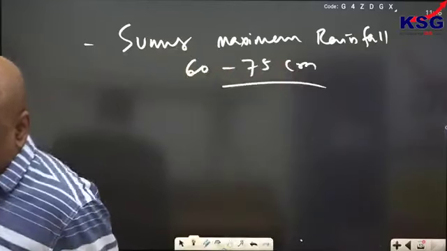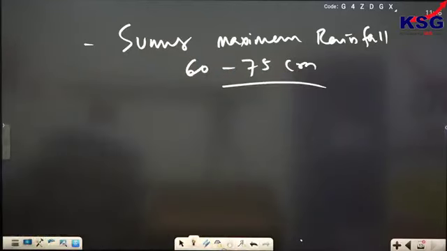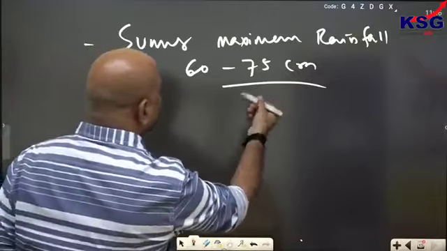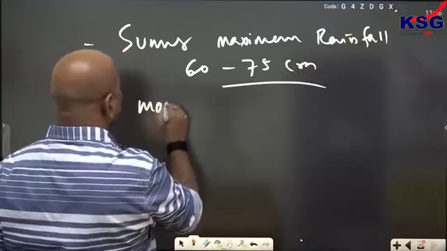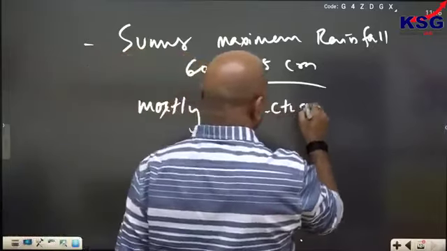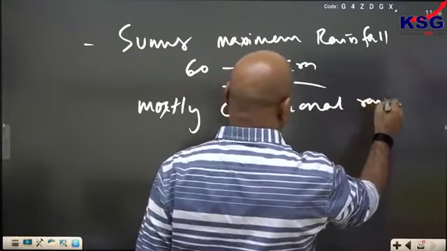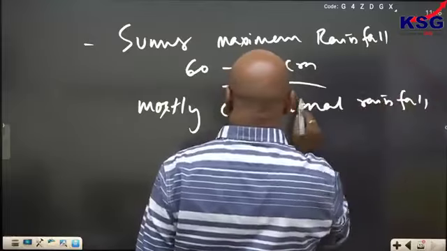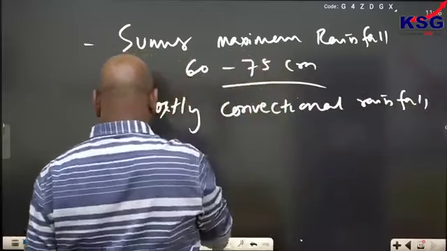In this region, as I told you, forest, if you look at, moisture is available, convectional rainfall you will have. Summer maximum rainfall, mostly convectional rainfall. In the winter, sometimes you have sleet.